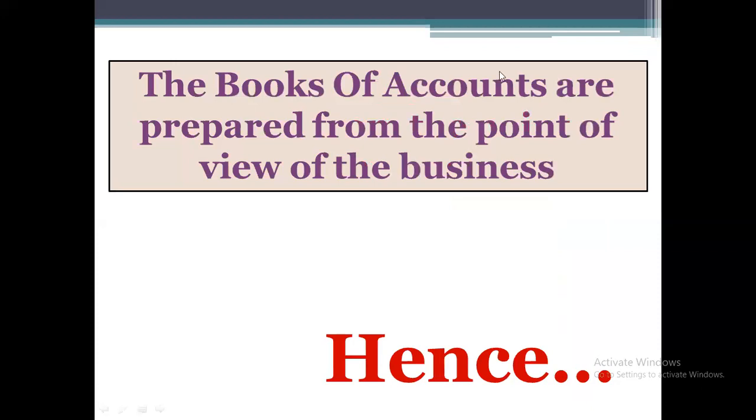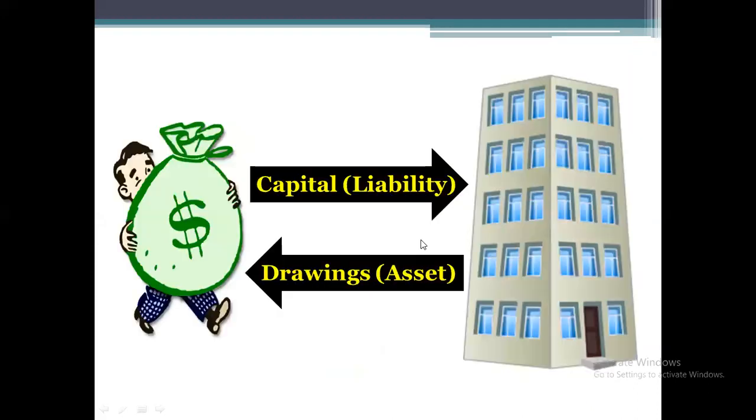This is the point I was talking about, the point of view of the business. Always as an accountant, you have to think that way. For example, if somebody has joined a small shop as an accountant, you always need to think that you are the business, and see how much is coming to you and how much is going out of you.